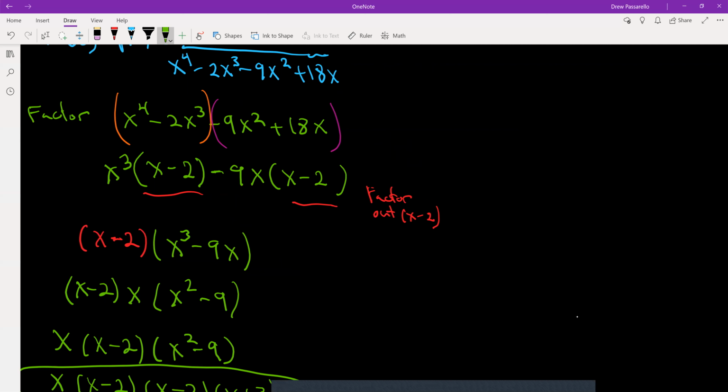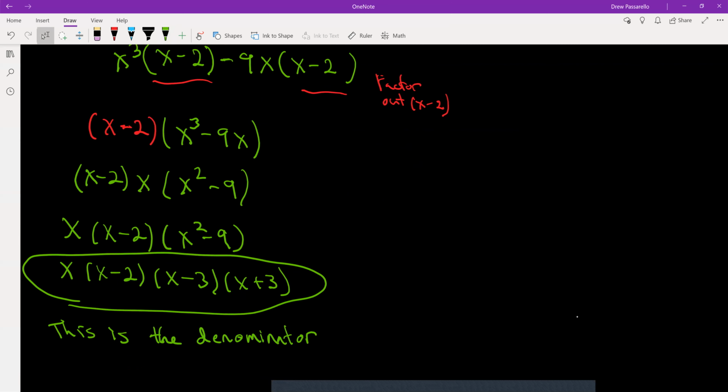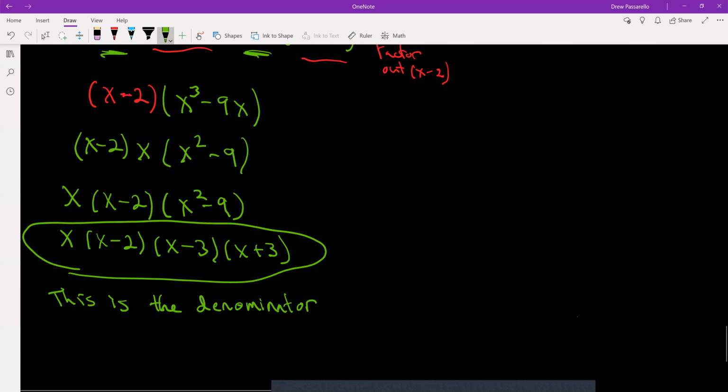That makes that also x minus 2 after you bring that out. Then they have the x minus 2's in common, so I factored that out. And that left me with x cubed minus 9x. Now I could keep going with the factoring because x cubed minus 9x share x as a common factor.